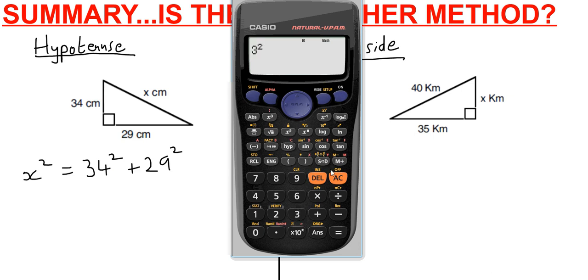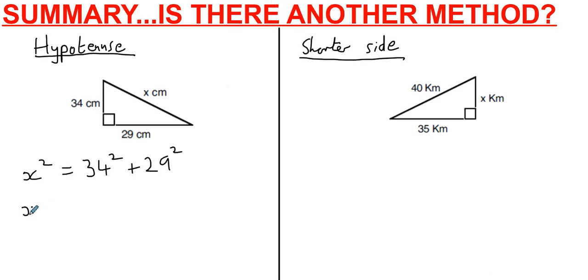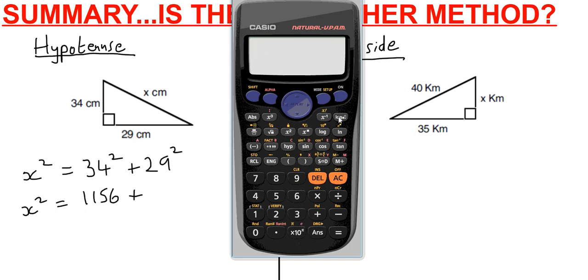34 squared is 1156. And 29 squared is 841.